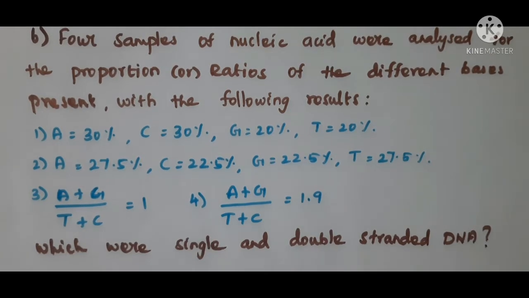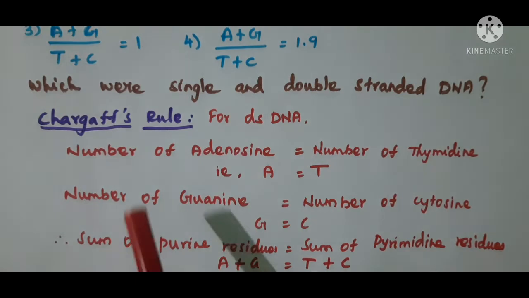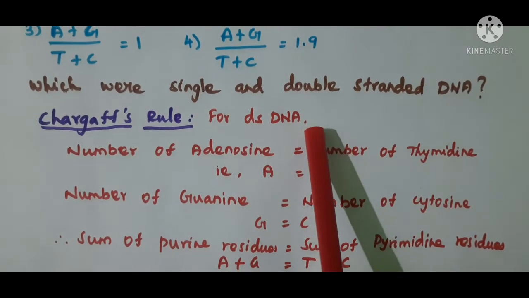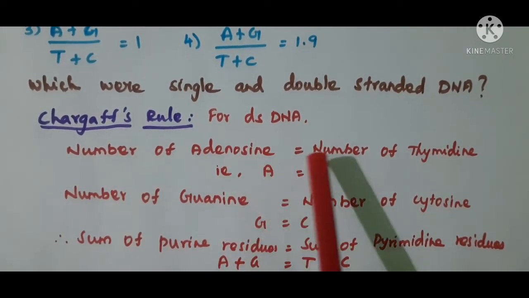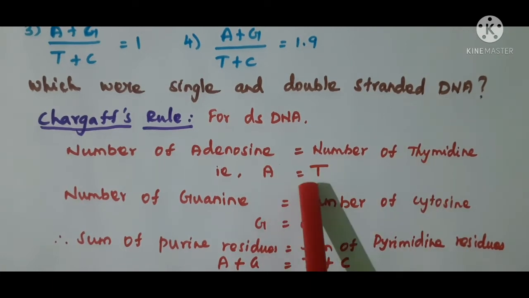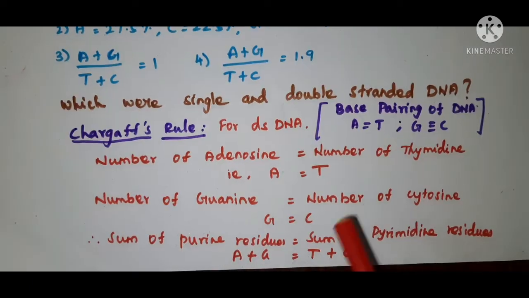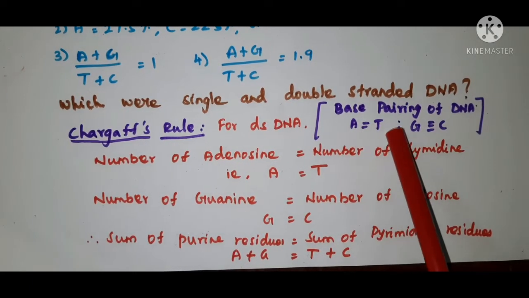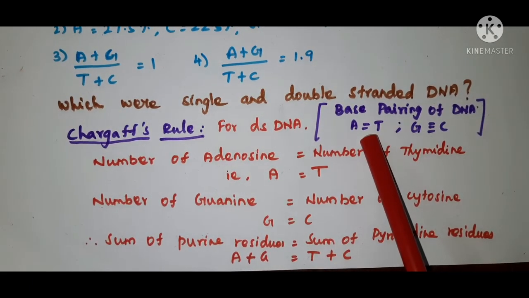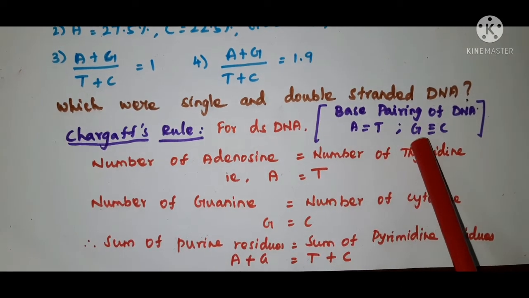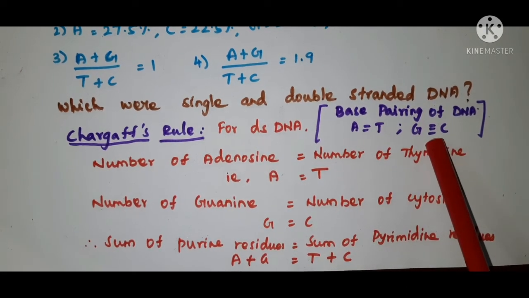So first we will see Chargaff's rule number 1. For double stranded DNA, the number of adenine is equal to the number of thymine, that is, A is equal to T. This is because adenine always base pairs with thymine with 2 hydrogen bonds. Then guanine always base pairs with cytosine with 3 hydrogen bonds.